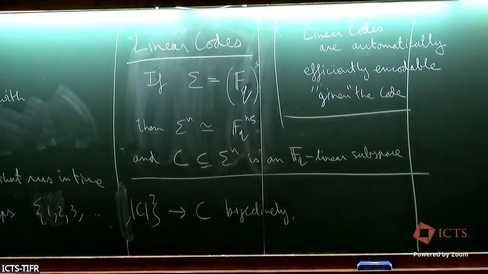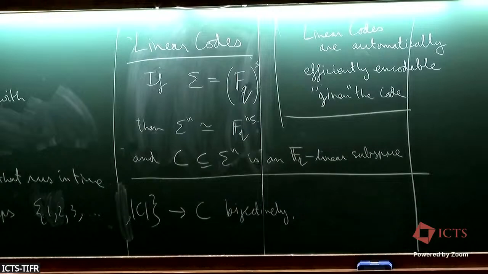So linear codes are a special family of codes within all codes where referring to elements of the code is automatically somehow more explicit.